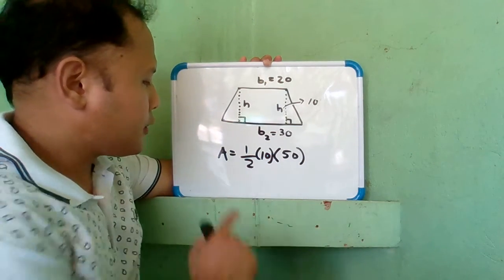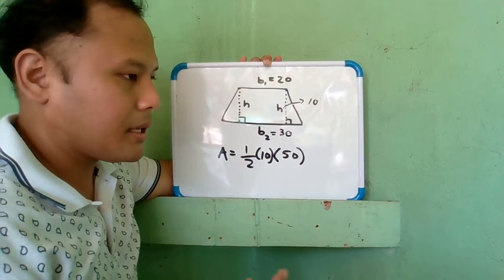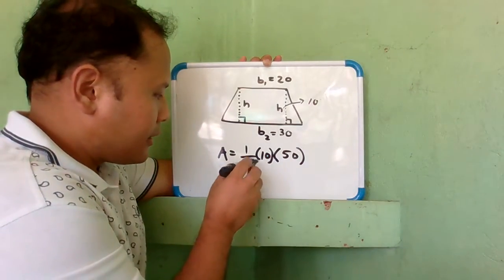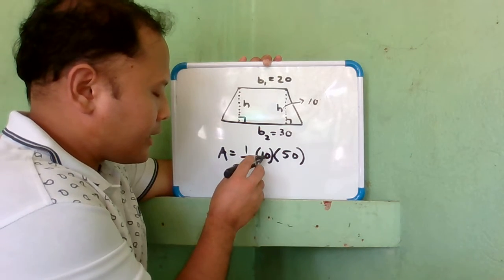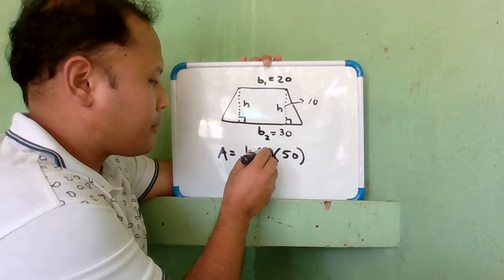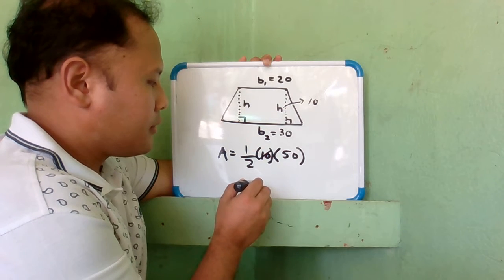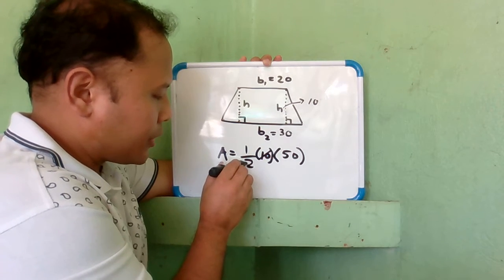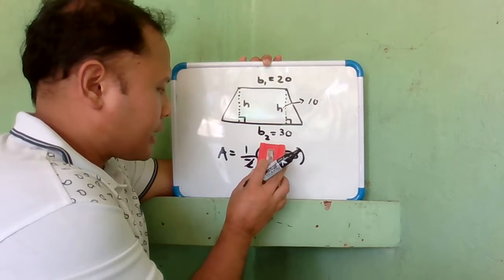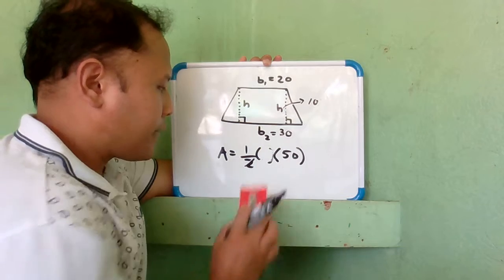Okay. So to solve the area, let me introduce the shortcut. Since 10 has a factor of 2, you can cancel this one. You can divide 10 by 2. Then this number 2 here can be cancelled by itself, 2 divided by 2. So 10 becomes 5.